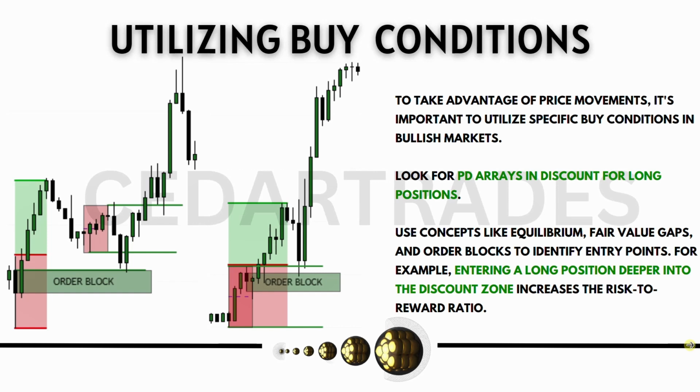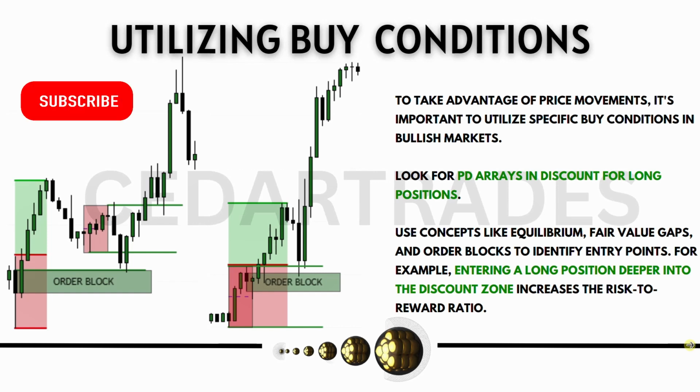And this is us looking for PD arrays in discount for long positions. We use concepts like equilibrium, which means this is the discount and premium, and you want to look for something that says sell in the premium and something that says buy in the discount.